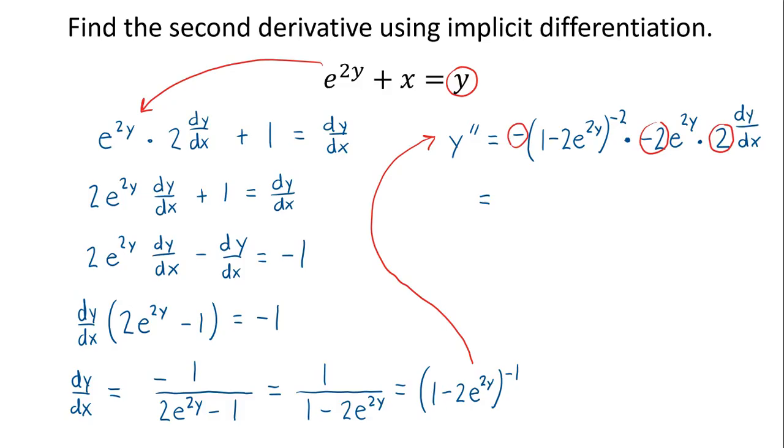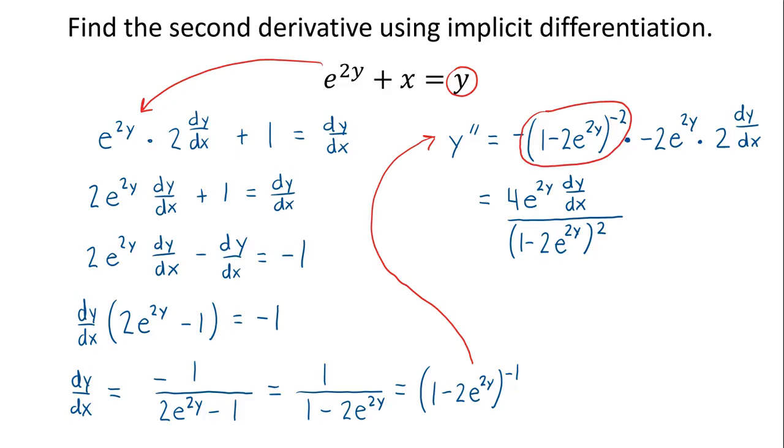Now we can start simplifying this monstrous expression. I notice that we have a negative times a negative 2 times a 2. That gives us positive 4. And that's multiplied by e raised to the 2y and dy over dx. So far we have 4 times e to the 2y times dy over dx.